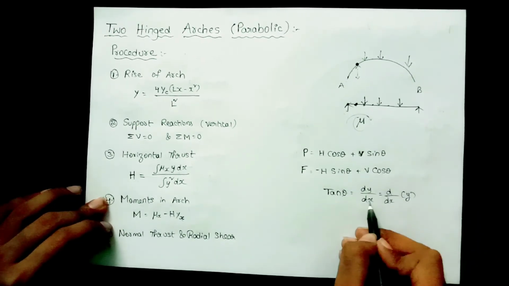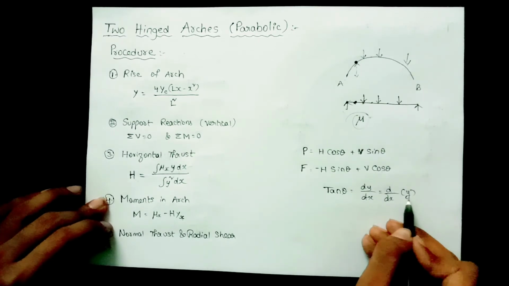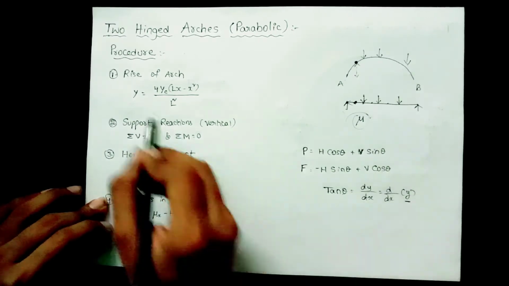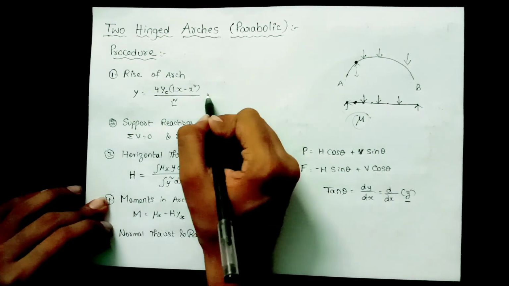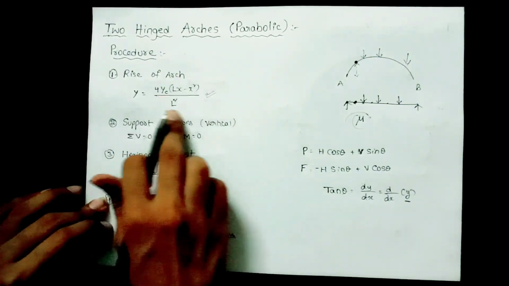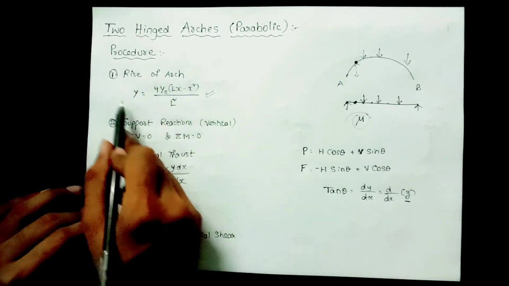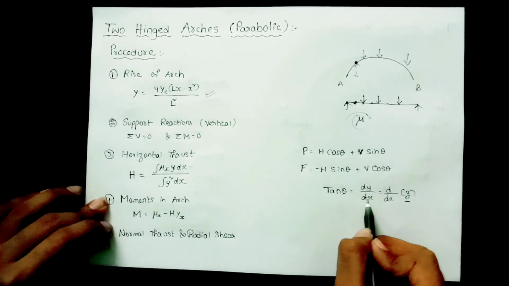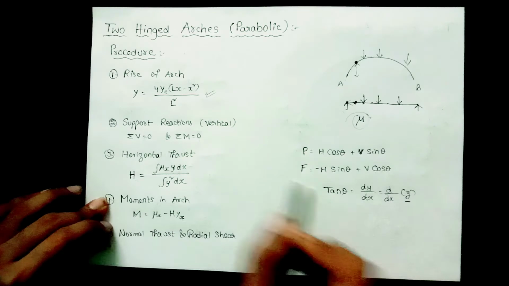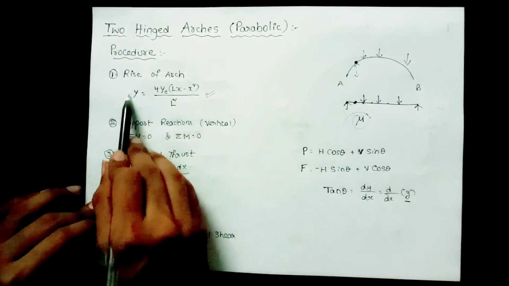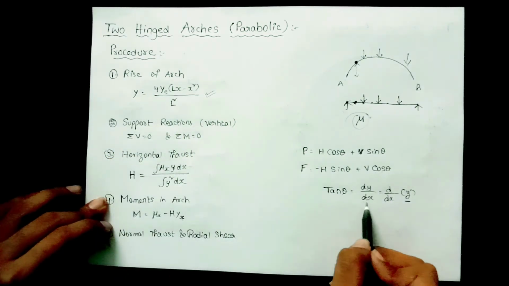The y value is obtained from this formula. On differentiating the entire equation you will get the value of dy by dx. So we have to differentiate both sides with d by dx.